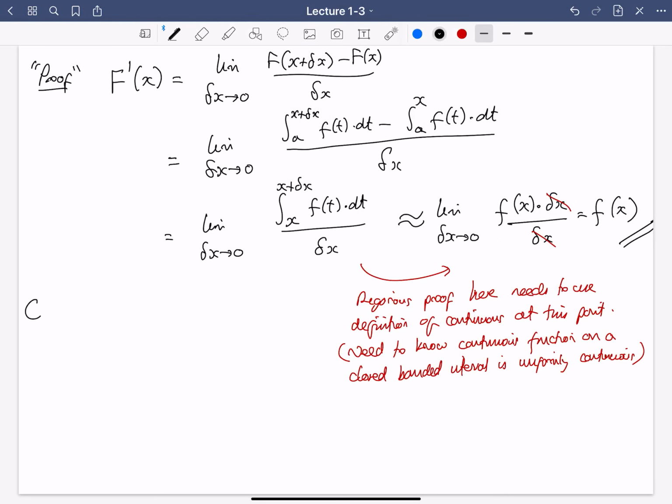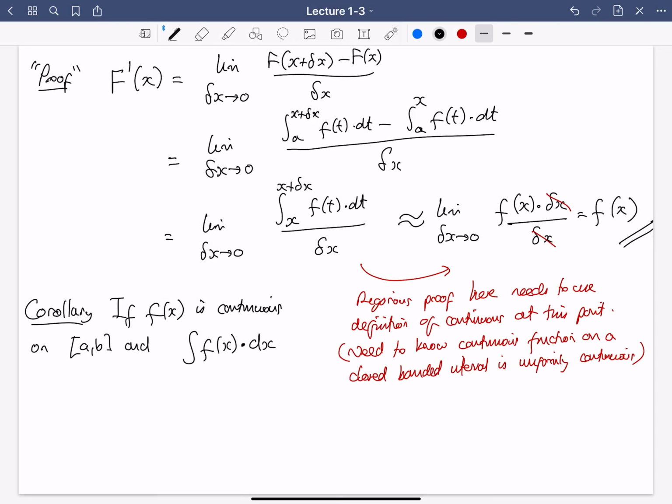Let's write down a corollary of the theorem. So the corollary says that if f of x is continuous on AB, and you know some given antiderivative, well, that's just what that notation meant, right?